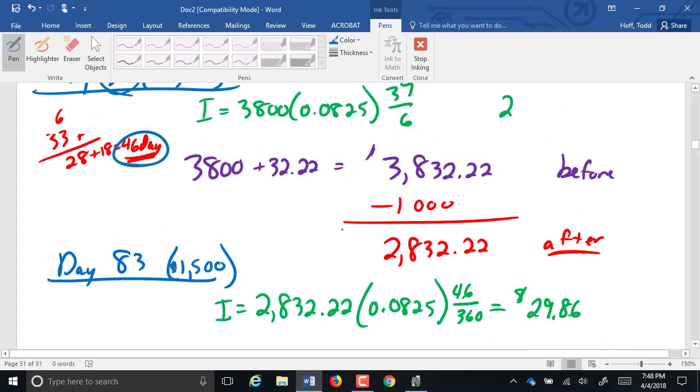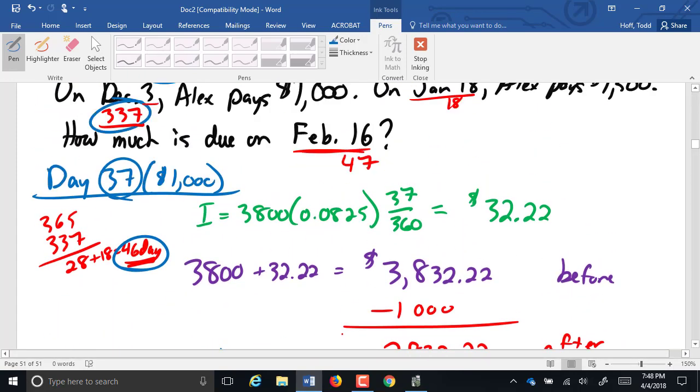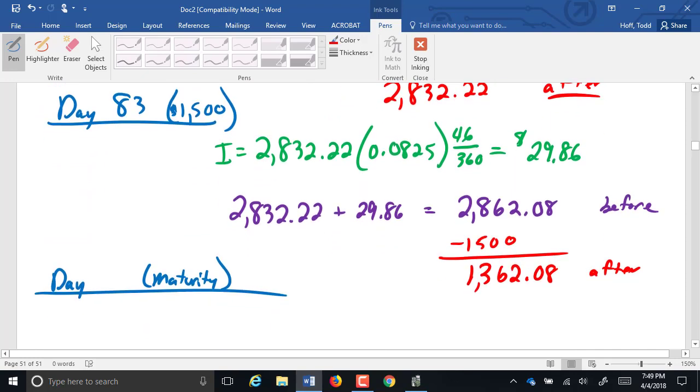So then the end of this is on day, well, we were going to subtract 47 and 18 gives us 29 days, right? That is day 112. That's 83 plus 29 is 112. But it's the 29 days that we're going to use for the interest.